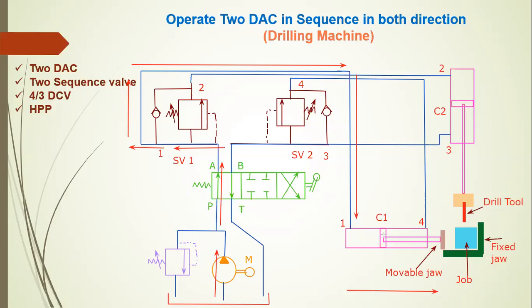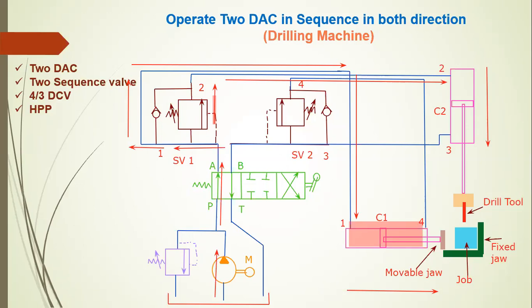Then after this cylinder gives the complete extended condition, point 2 of the first sequence valve operates, which means the oil passes from the sequence valve and into cylinder C2. At this time, the cylinder moves in a downward direction to drill the workpiece or job.